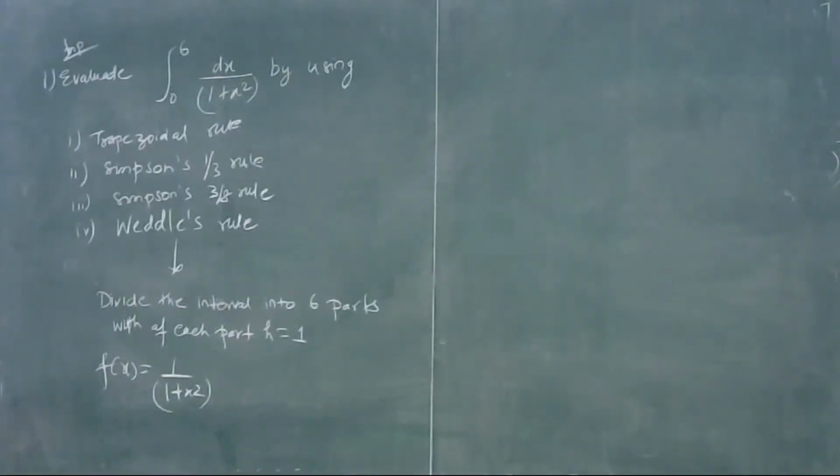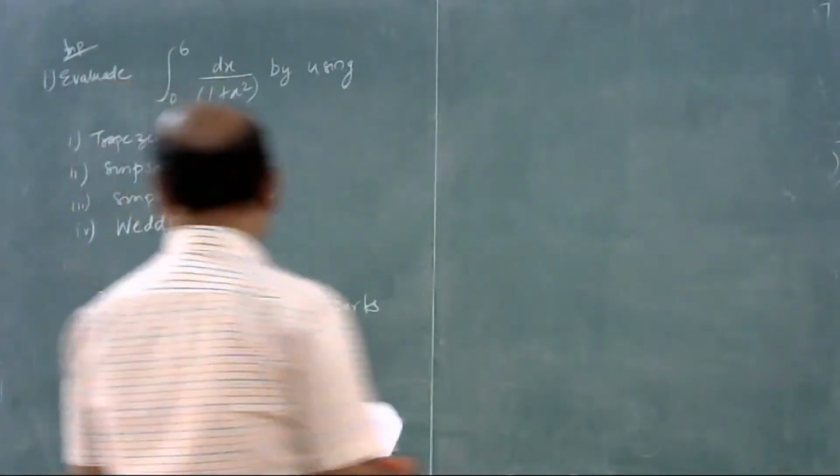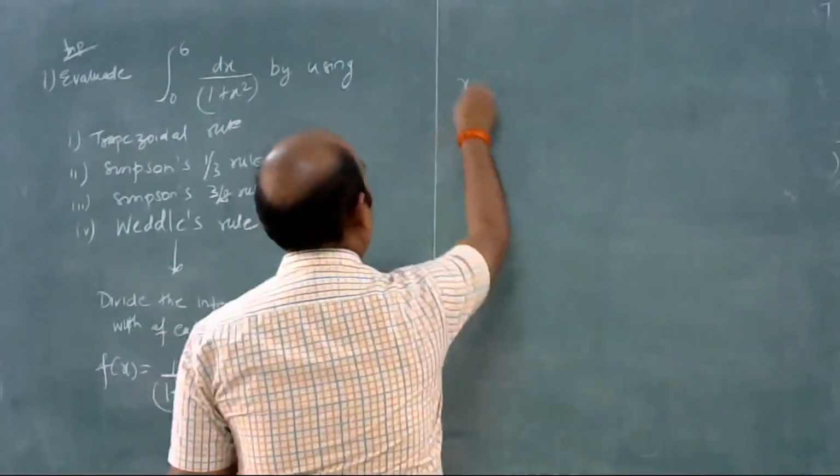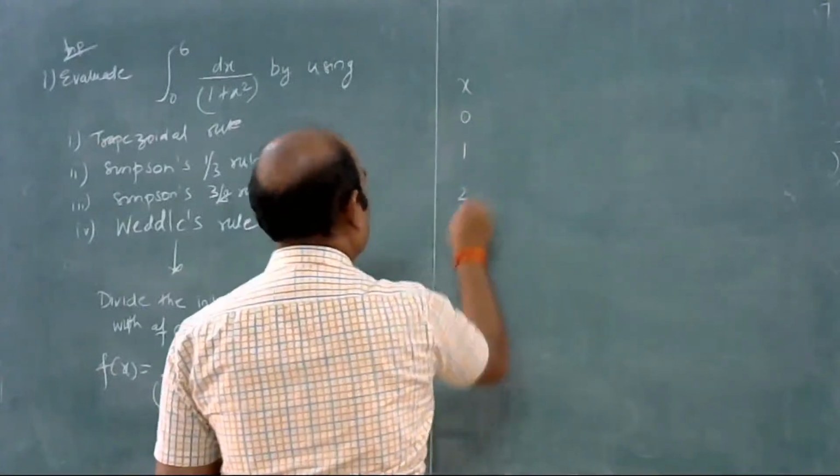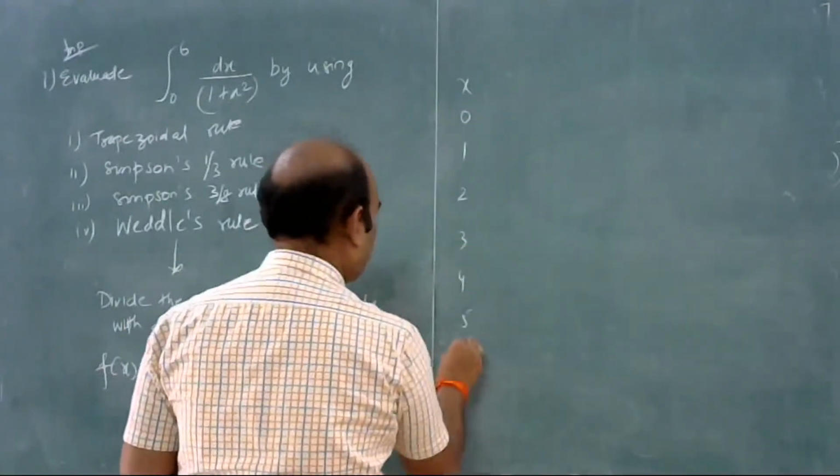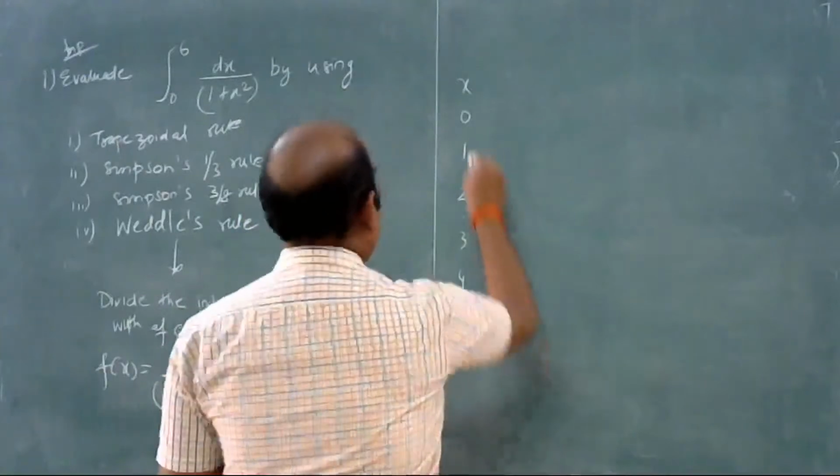So now we have to prepare a table. The values of x are 0, 1, 2, 3, 4, 5, 6.